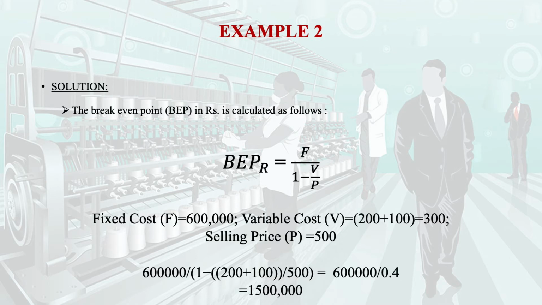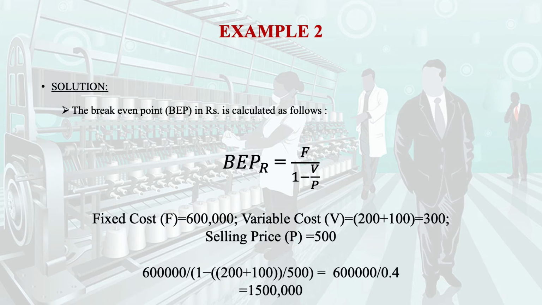Break-even point in rupees is calculated. The formula for break-even point in case of revenue is F, which is nothing but fixed cost, divided by 1 minus V upon P. V is the variable cost and P is the price. So we know that 6 lakhs is the fixed cost, variable cost is 200 plus 100, that is 300, and the price is 500.